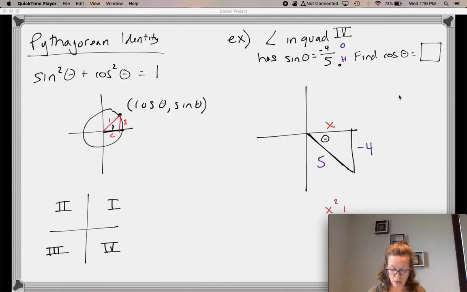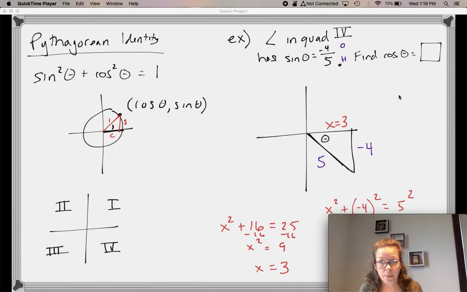Well, x squared plus -4 in parentheses squared should equal 5 squared. Okay, so I'm going to say x squared plus 16 is 25. So x squared must be 9 if I subtract 16 from both sides. So x must be 3. So that side is 3.